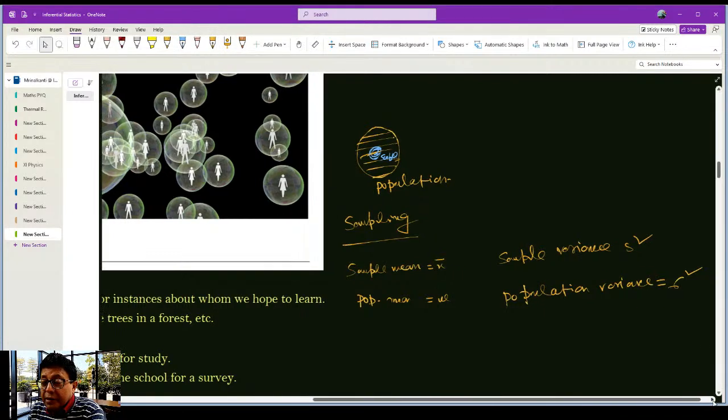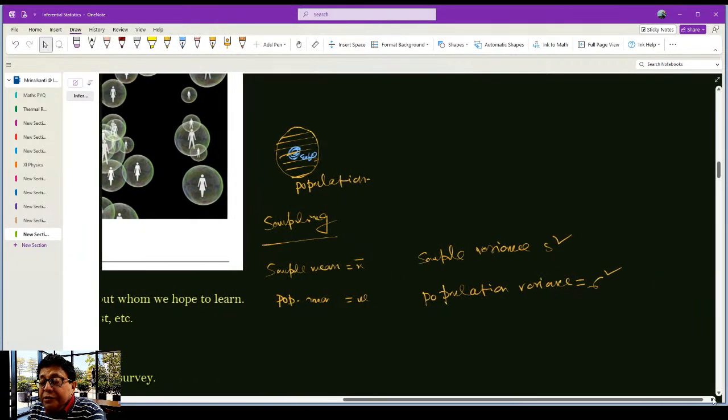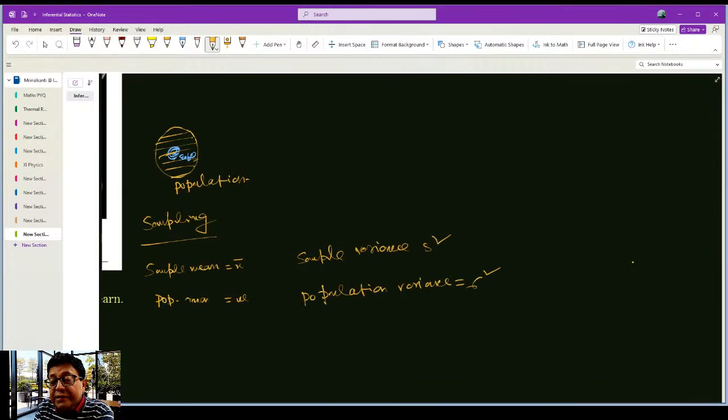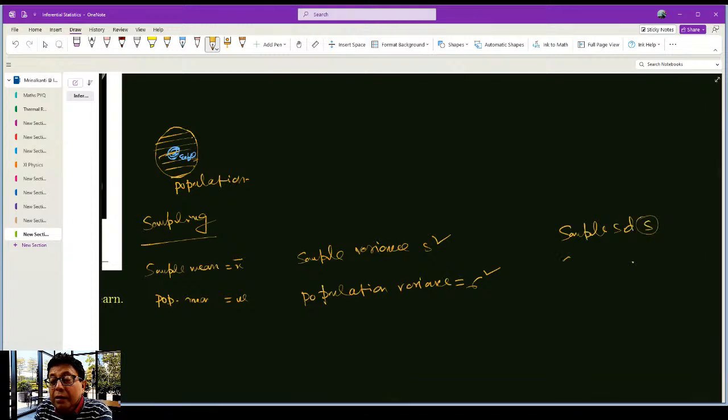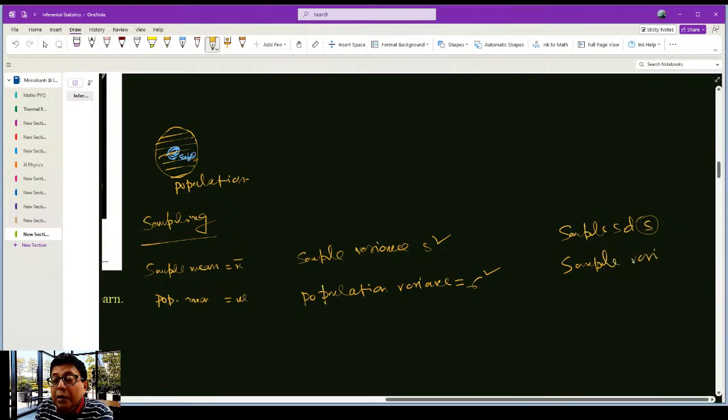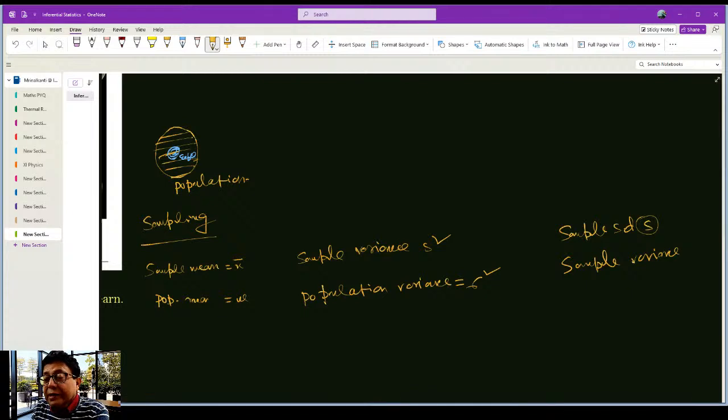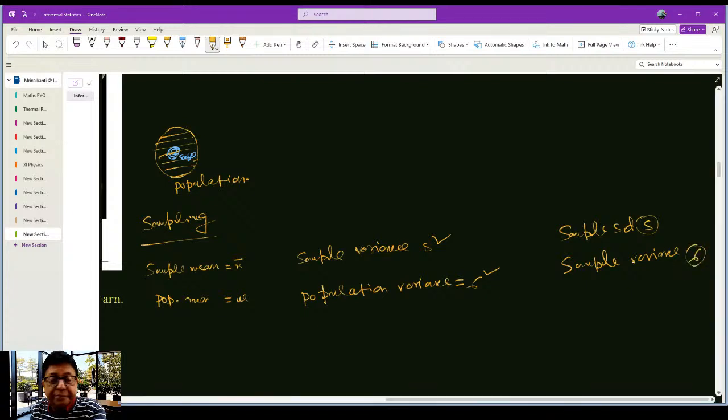Okay? Sample standard deviation, if you take S, population standard deviation will be taken as sigma.